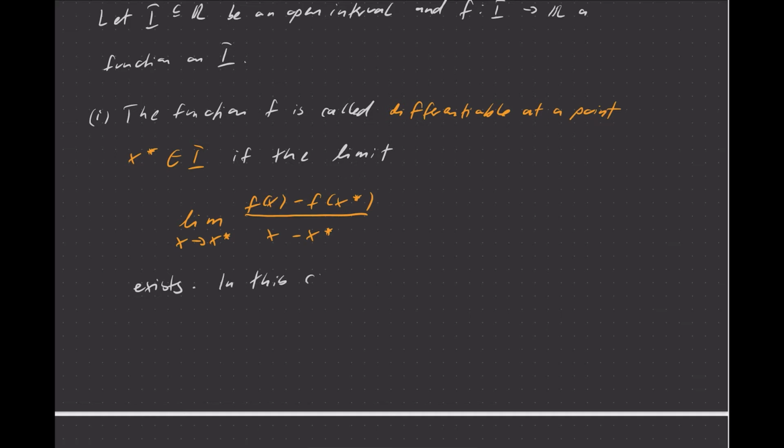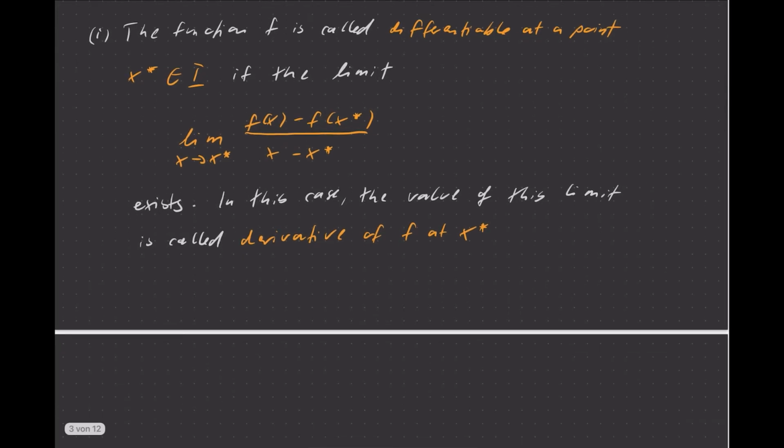So in this case, the value of this limit is called the derivative of f at x star. And it will be denoted by the simple notation f prime of x star.